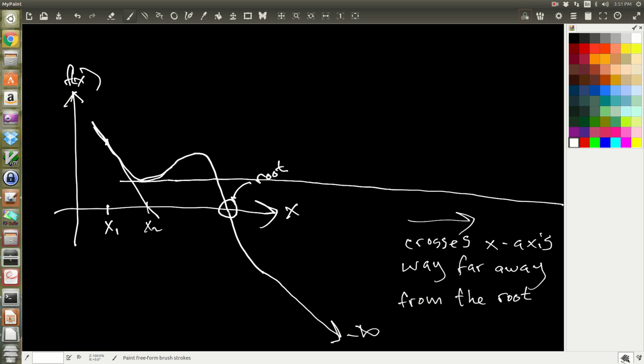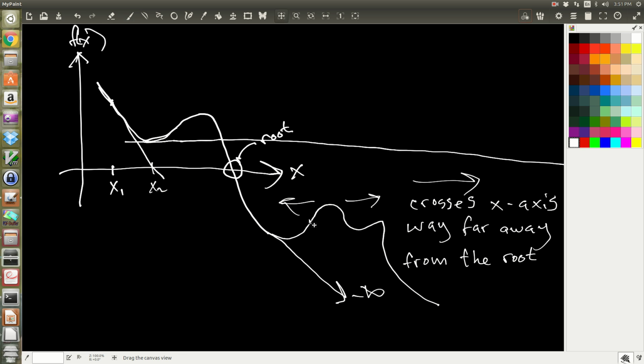That's going to take it a long time to get back. But it could be that this function has other points of zero slope and whatnot. Depending on what the function does, when it's climbing back here, it might hit another point of zero slope and get sent way off in this direction or way off in the other direction. And you might never come back and find this root. So we need to be able to detect when that's happening when we use an open method.